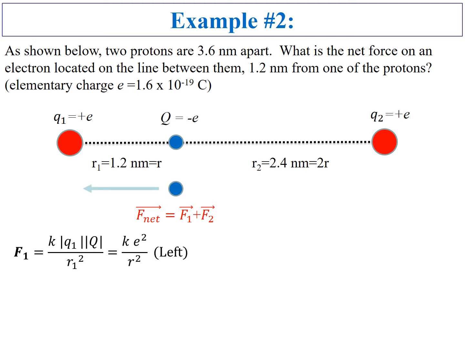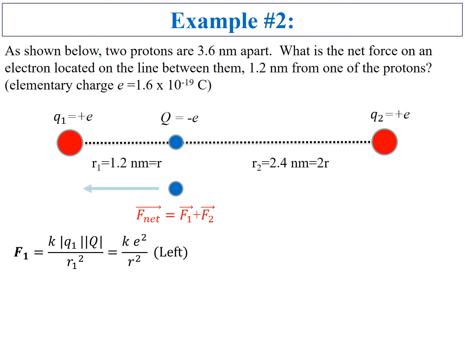So in this case, you have to find F1. F1 is k Q1 Q over R1 squared, which is k e squared over R squared, to the left. Why to the left? Because there will be an attraction between Q1 and minus Q.